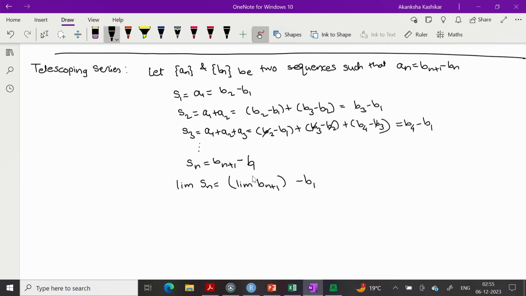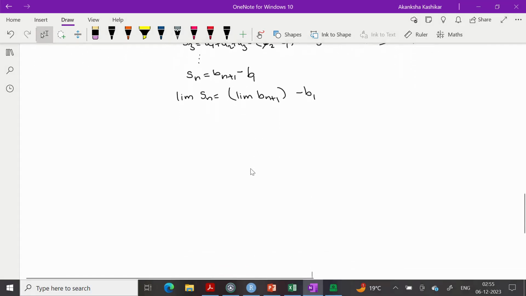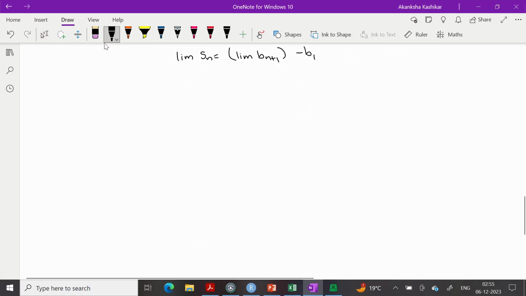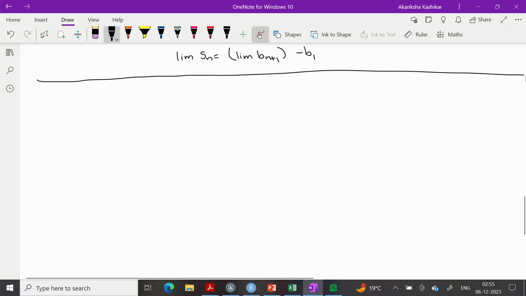Let us try one simple example first and then one slightly bigger example. Let me define a_n as 1 upon n into n plus 1, and of course we are interested in finding out what happens to summation a_n. Now what happens to summation a_n?